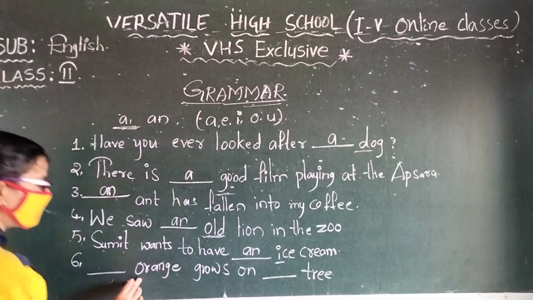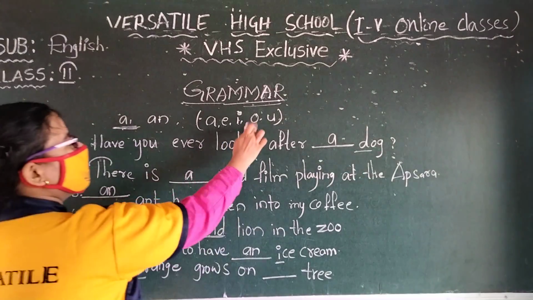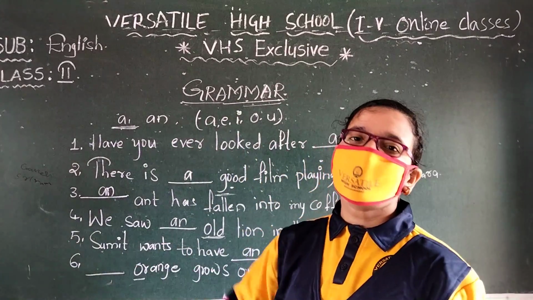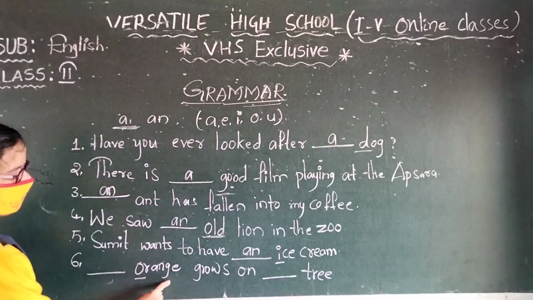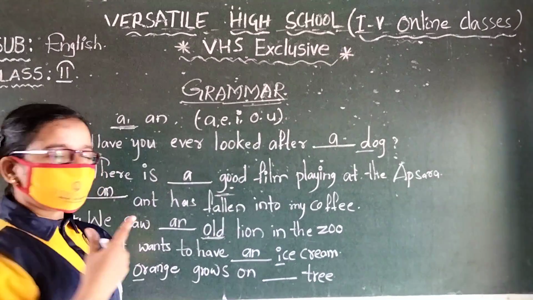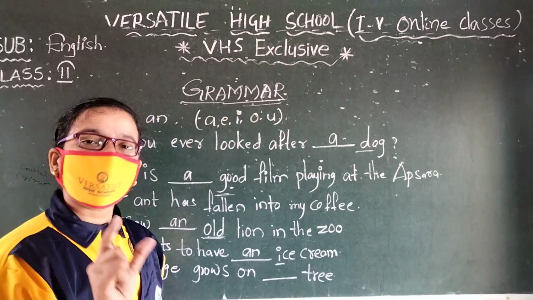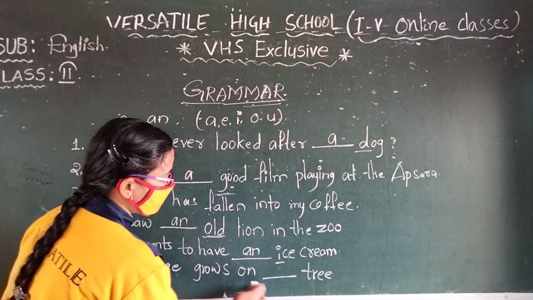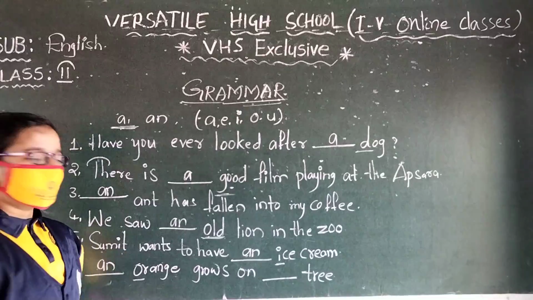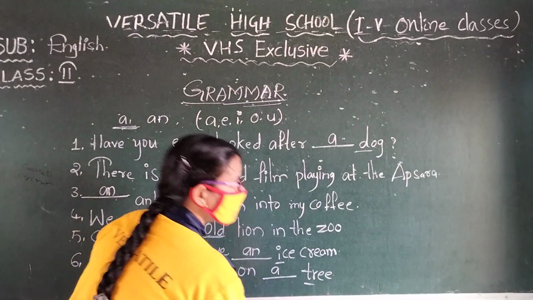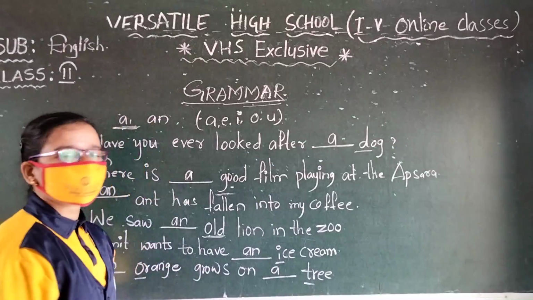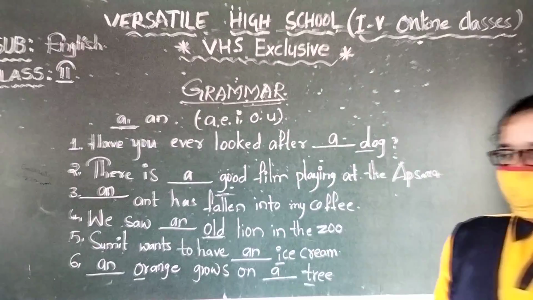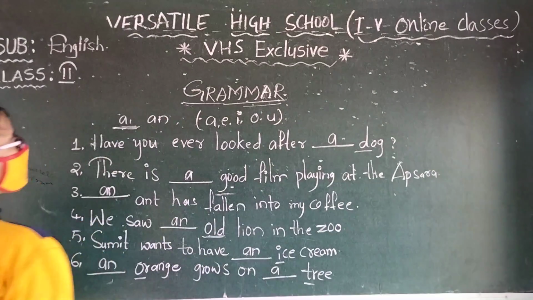Look here, this word starts with a vowel, so we use an. O-R-A-N-G-E, orange, starts with a vowel sound. An orange grows on dash tree. What do we write here? A. Why? Because this word starts with a consonant sound. T-R-E-E, tree.